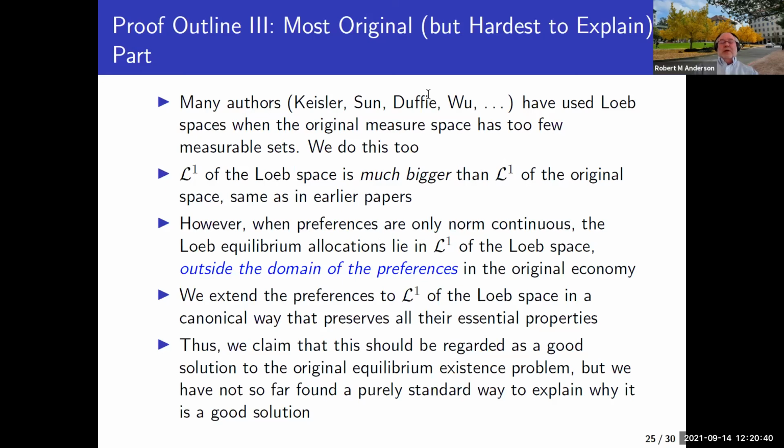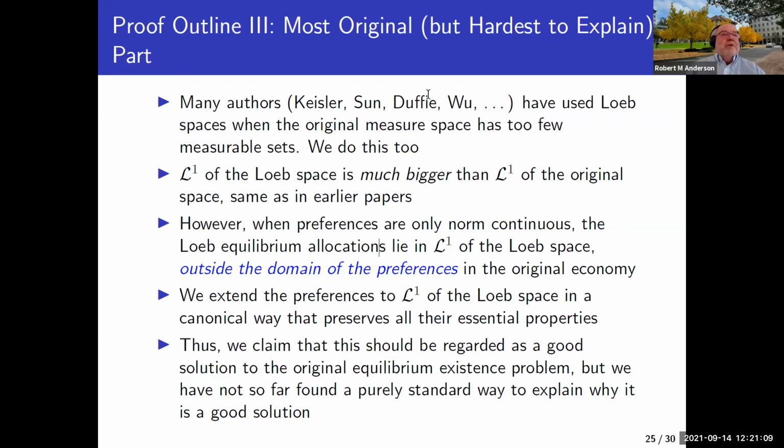So here I'm getting into the mathematics, and I sort of skipped this earlier, and I think I'm going to skip it here, only to say that the most original part of this mathematically, and arguably also economically, although I'm not sure it's particularly relevant to global warming, is dealing with the fact that there aren't enough measurable sets.